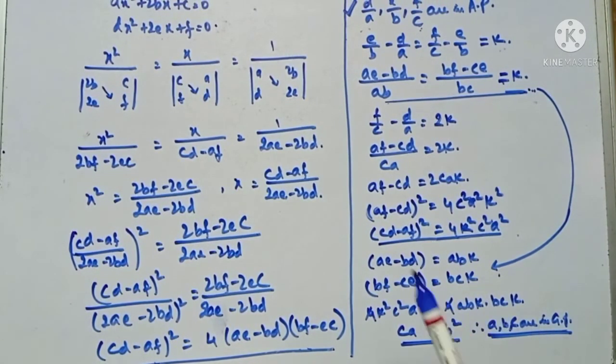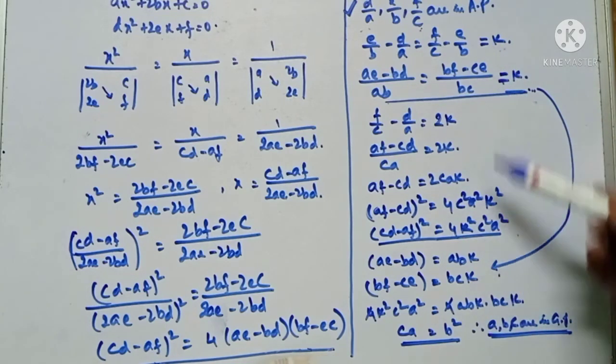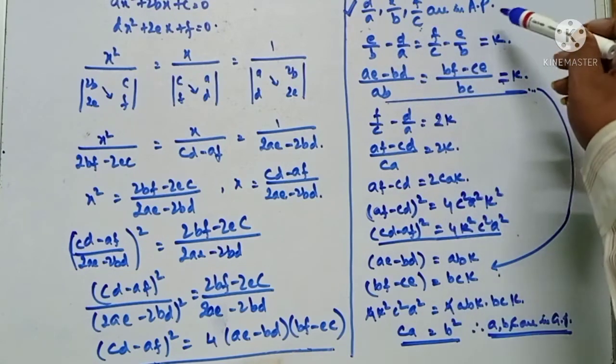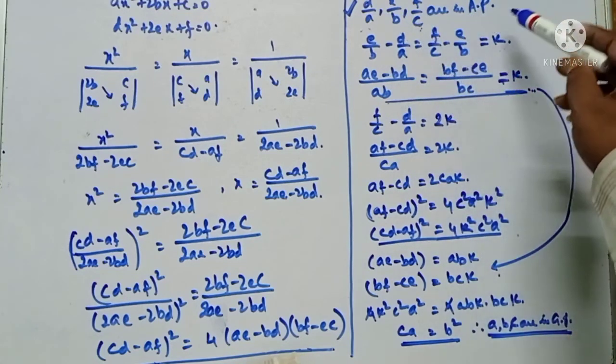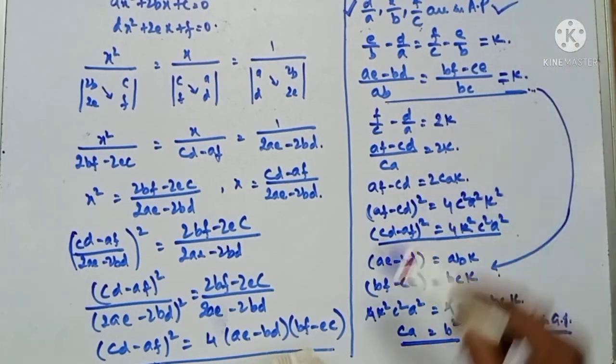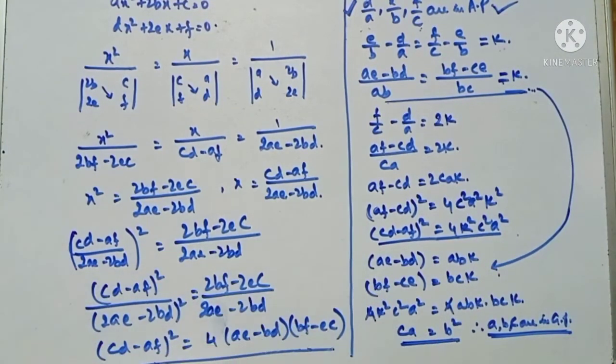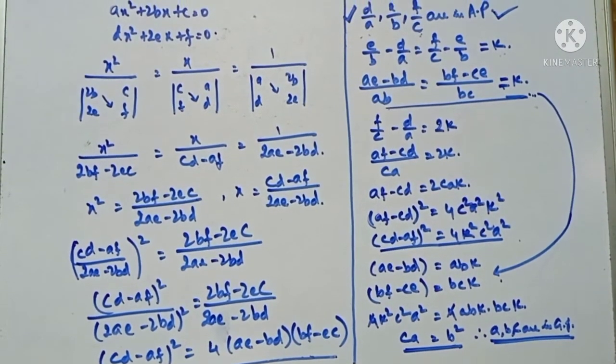That means the condition given to us was proved, so the option I selected, d by e by r in AP, is the correct option. So this is how I have solved it.